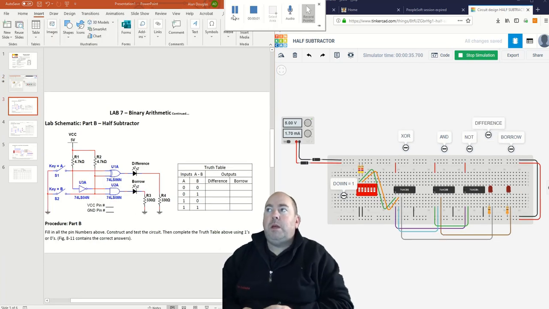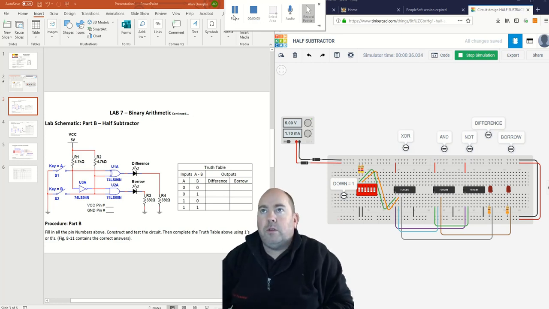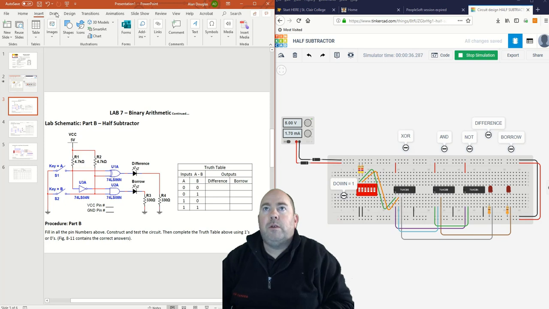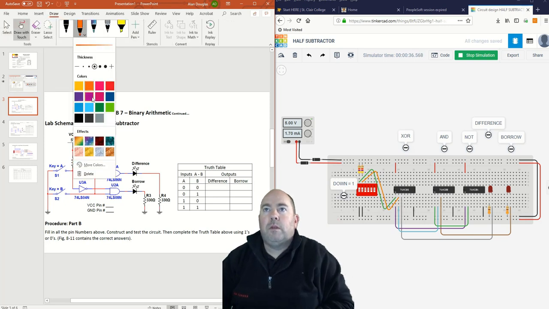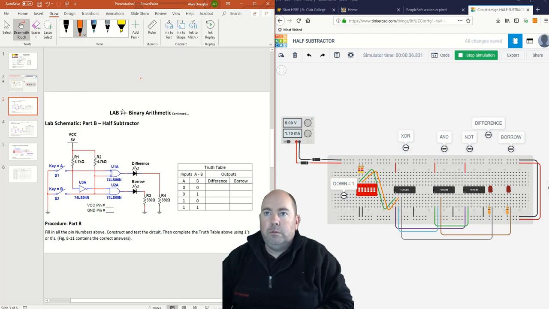Okay, this is part B of the lab. This is the half subtractor. You can see the difference here. We have now added this inverter into the circuit. So A now becomes A not instead.